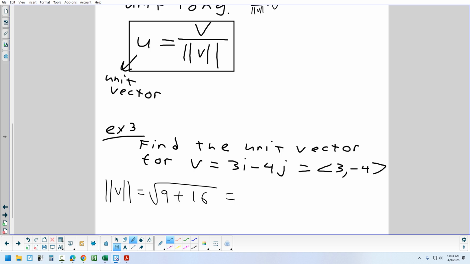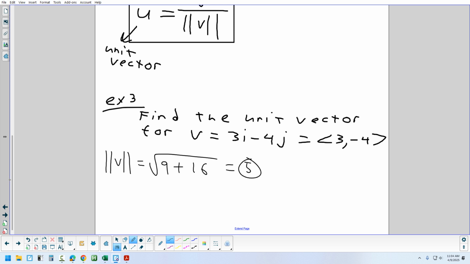Okay. So now I can answer the question, is that a unit vector? No. We need to make it a unit vector. So, to make v into a unit vector, what do I scale it by? 1/5. So now I want to know what is 1/5 v. Okay, and remember, to scale a vector, you distribute your scalar to each component. So originally the i component was 3.